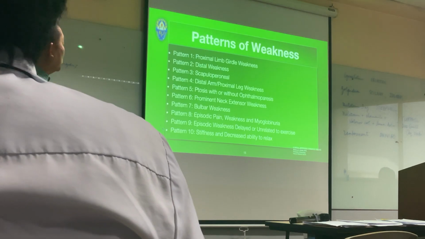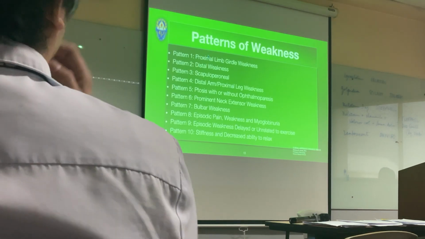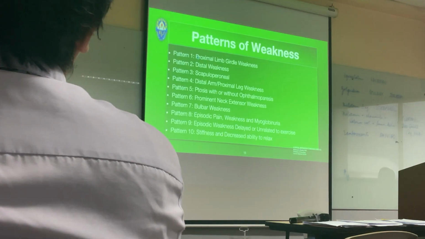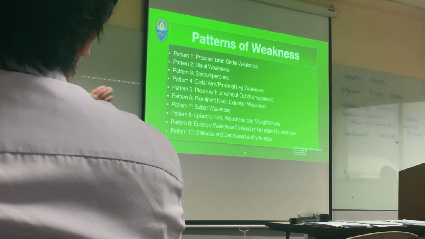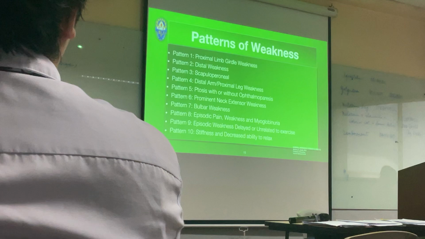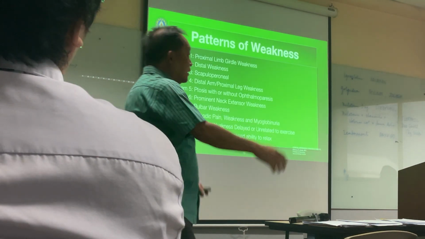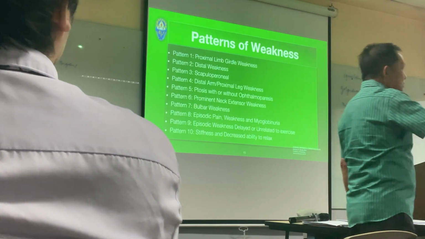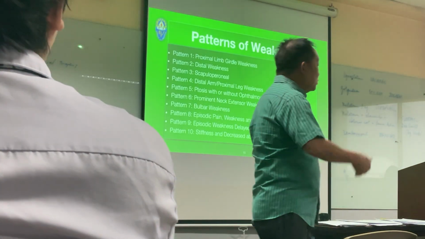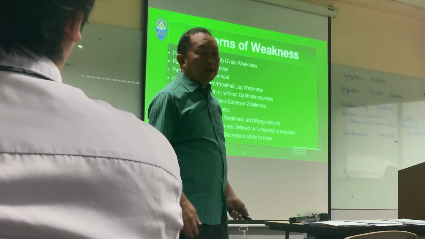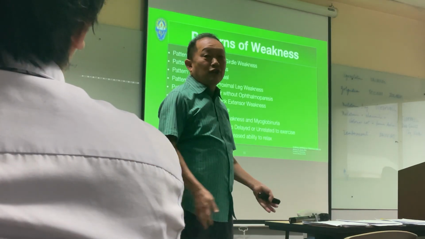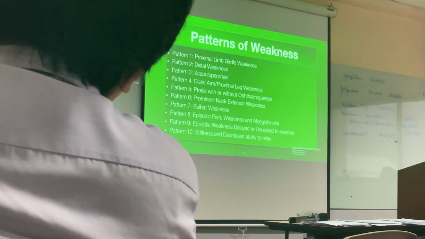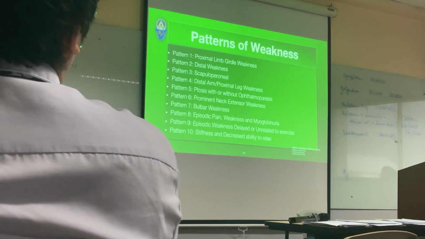But most of the time, the total CPK is elevated only when there is active destruction. They bring you already almost dying patient with muscle dystrophy. You do the CPK, it's normal. It means that there is no active destruction. All the muscles have already been destroyed. Clear? It does not rule out.